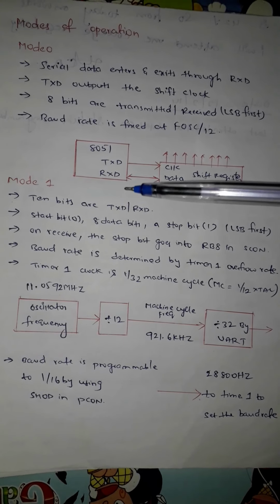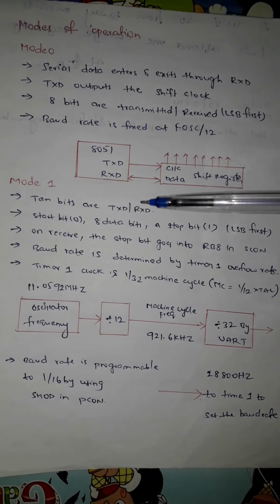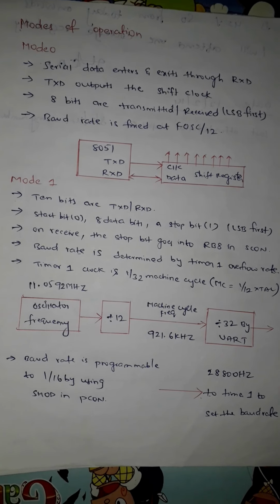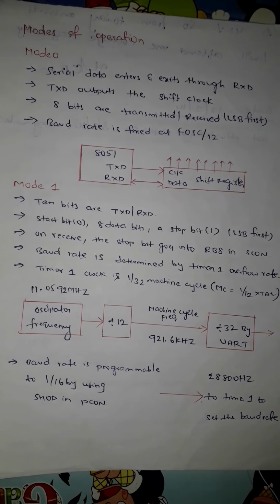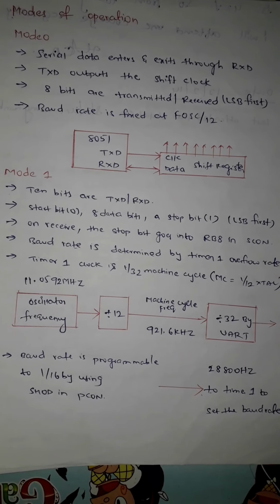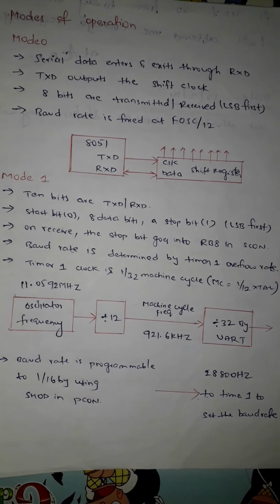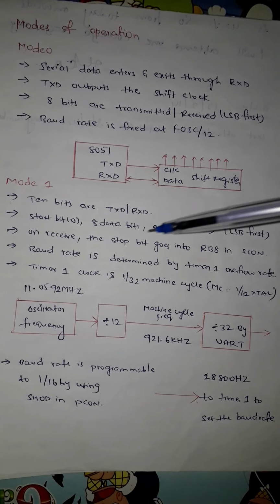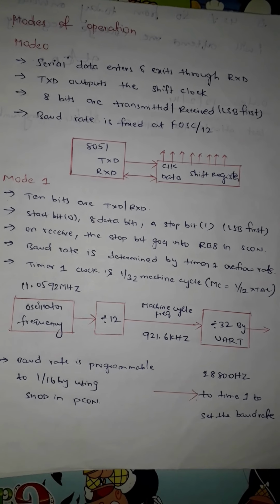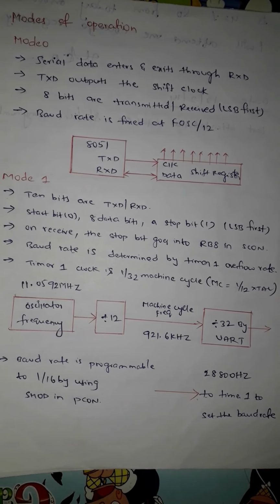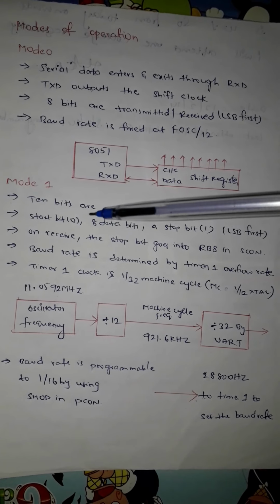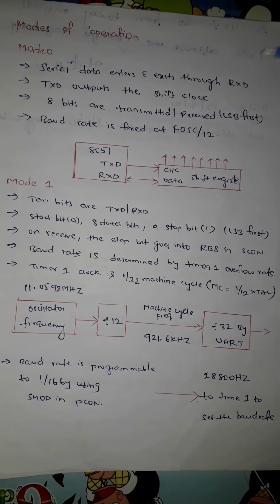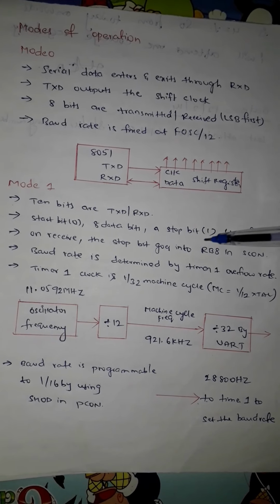In mode 1 we are going to transmit or receive 10 bits of data. One is the start bit, then 8 bits of data, and then a stop bit, with the LSB first. So these are the 10 bits that you transmit and receive in mode 1: the start bit 0, then 8 data bits, and then a stop bit.